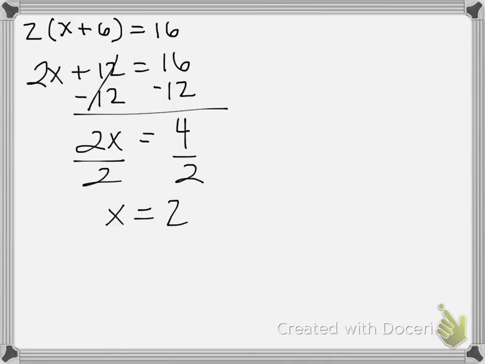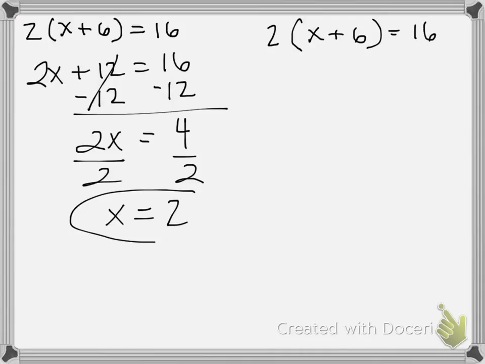So then I'll check. To check, I'll rewrite the original problem. 2 times the quantity x plus 6 equals 16. Then it's time to substitute, and that's where I take this value right here, x equals 2, and I put that in this place when I rewrite.